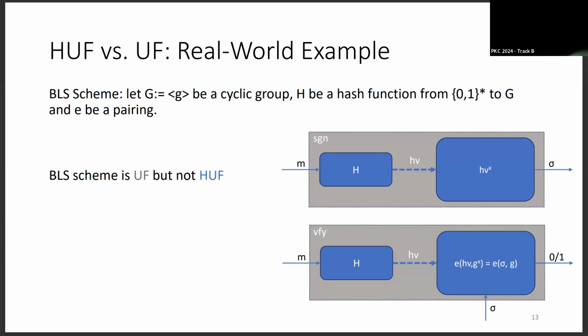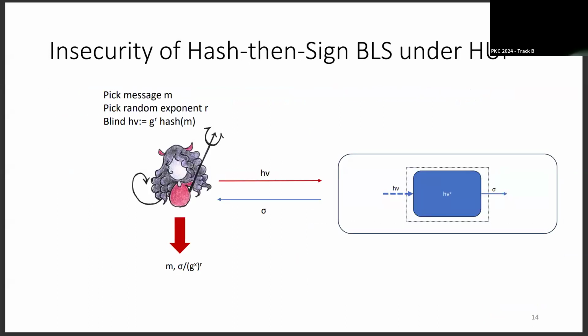Now we know that BLS, which is basically the gray boxes, is UF secure, but it turned out that it's not HUF secure. When the hashing is malicious, it's basically insecure. The attack goes as follows. You have this adversary, it picks any message M. It also picks an exponent r. It computes internally the public operation hash of M, and it masks this hash of M with g to the r.